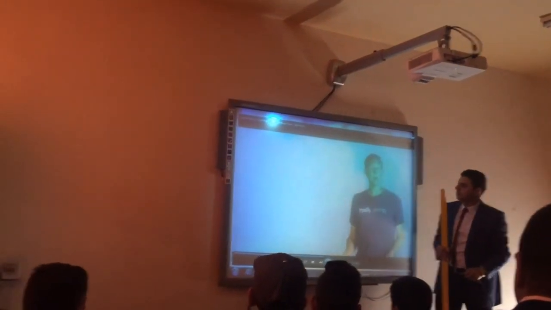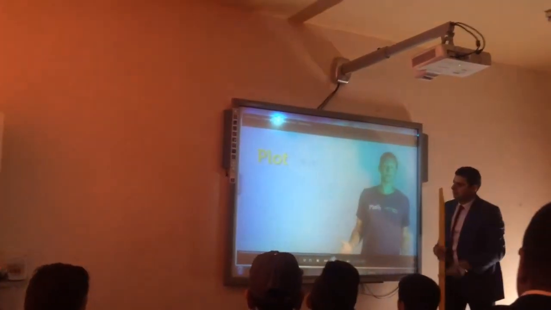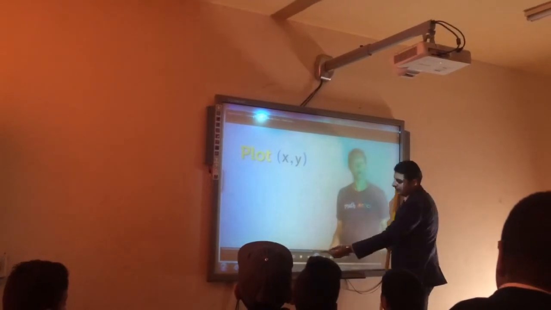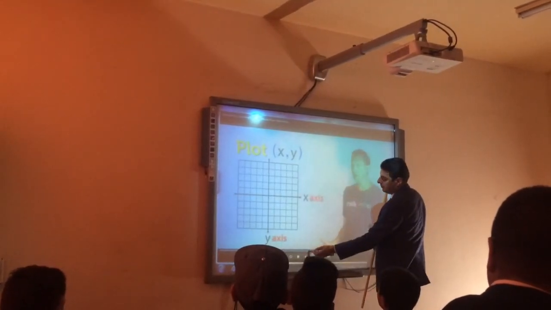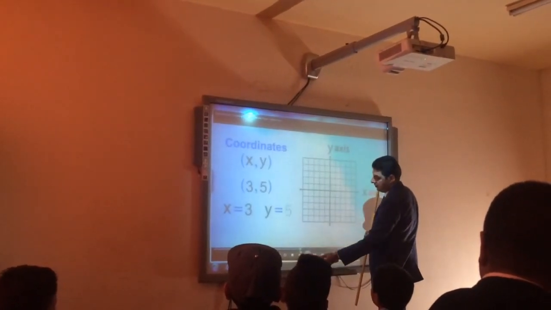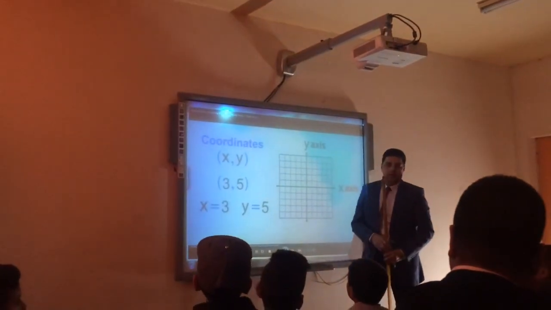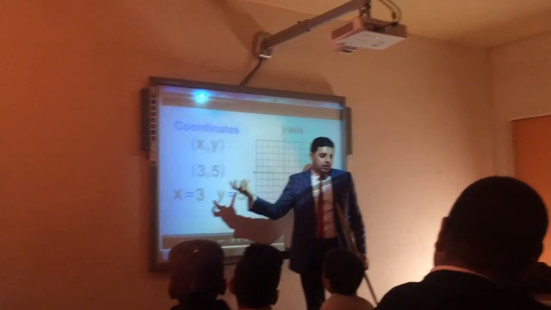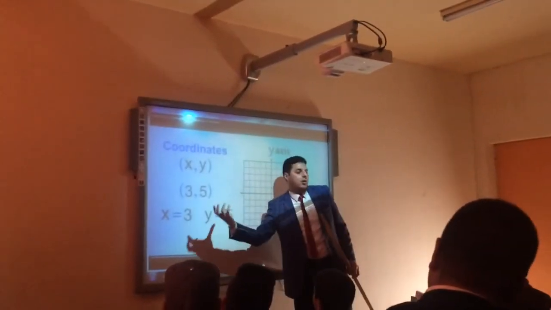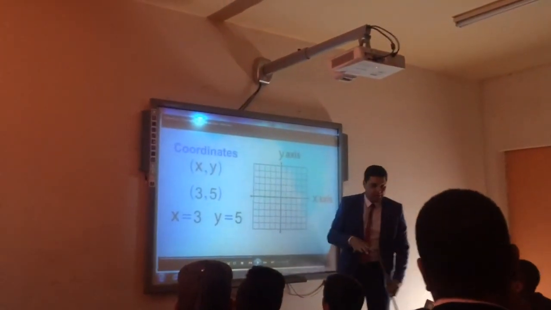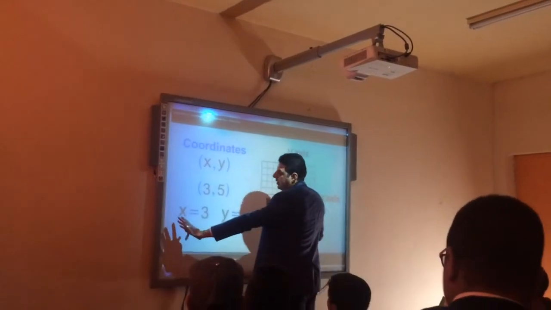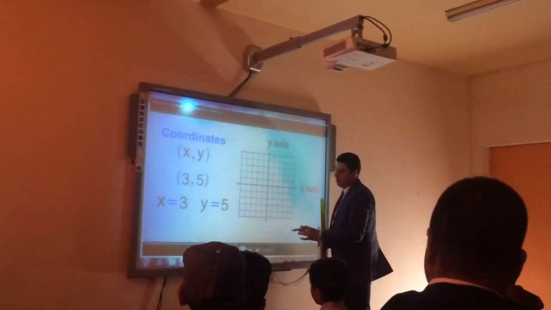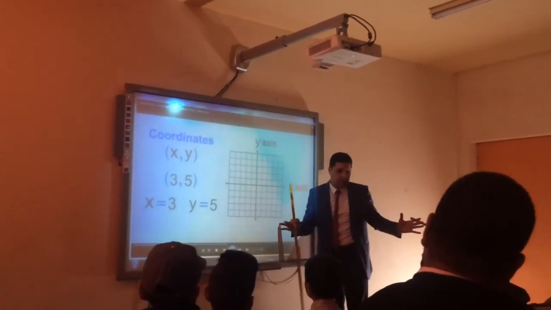Pretty easy, right? But now, how do we actually plot these coordinates, or ordered pairs, on the coordinate plane? Let's draw the ordered pair (3, 5) on the coordinate plane. x equals 3, positive 3.